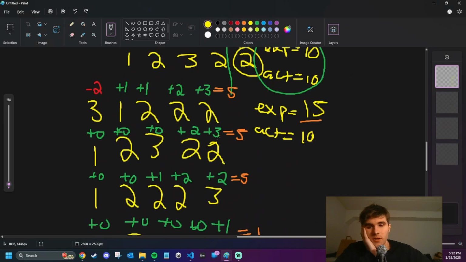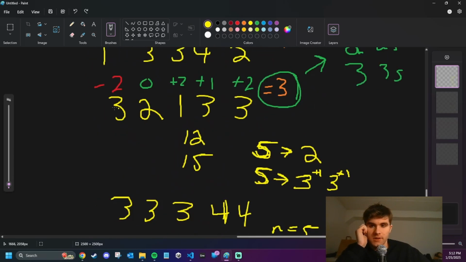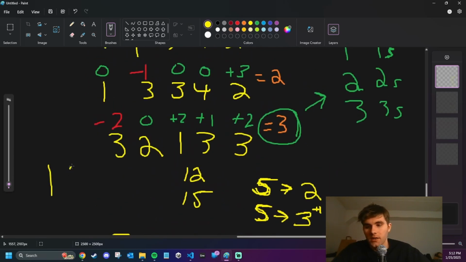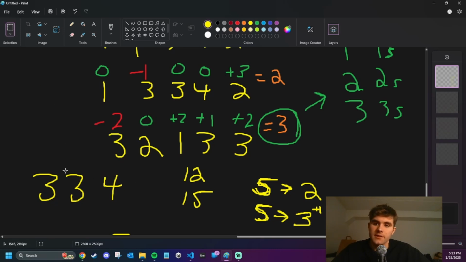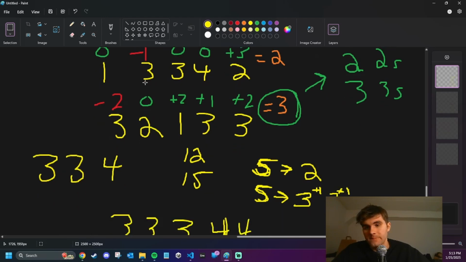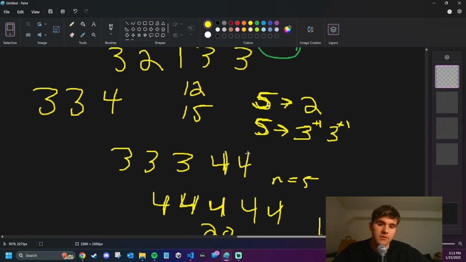So I could do it if there's one duplicate, but it's tricky because you also don't know which numbers the duplicates are replacing. So that's kind of what I realized. Like if you have 1, 2, 3, okay, yeah. If you have like 3, 3, 4, it's like this 3 could have replaced a 1, it could replace a 2, it could replace a 4. You don't know. Oh, well, you can't have this, actually. Wait a minute.